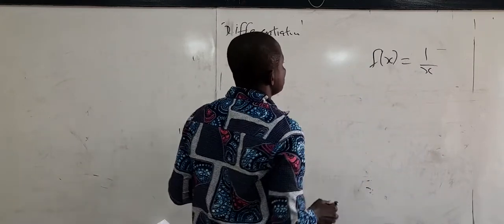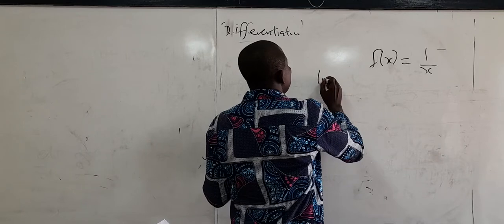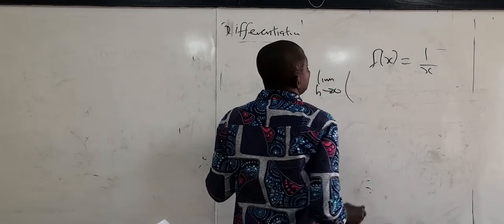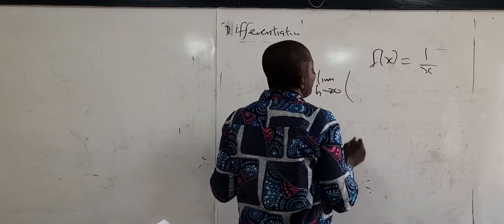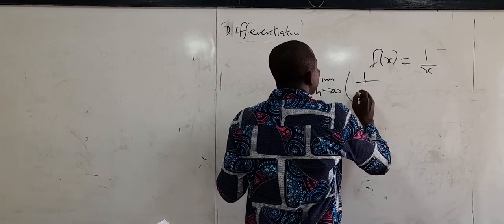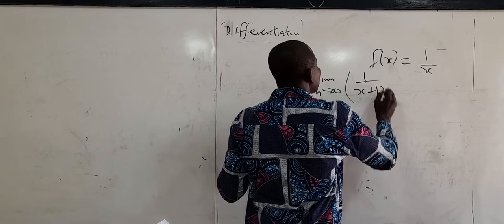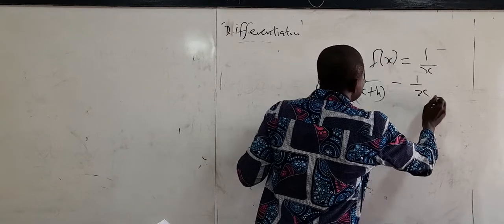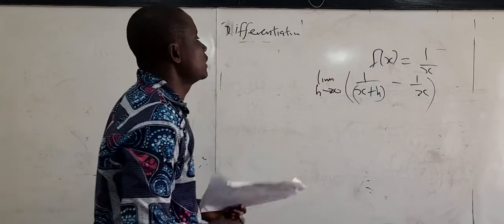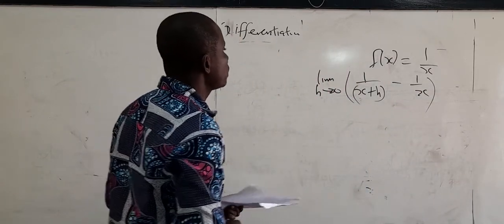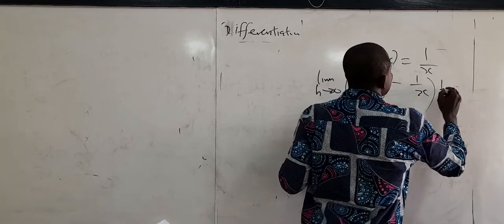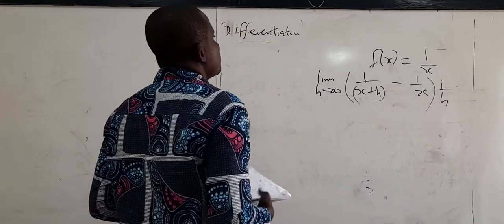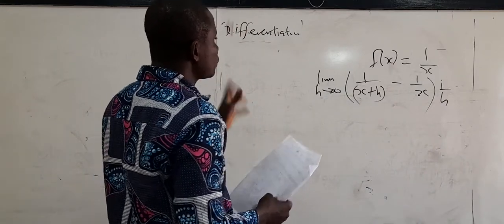In this case, as we are saying, the limit as h approaches 0, we are having 1 over (x plus h) minus the original, which is 1 over x, all divided by h.